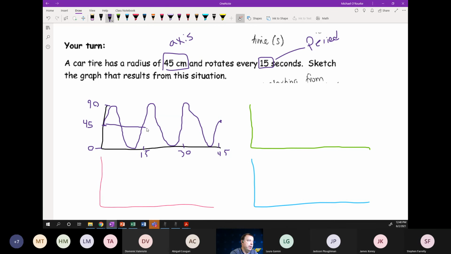If I drew a line right across there. Now, tricky thing, I could have sent the tire down first. I went upwards. This is also correct.